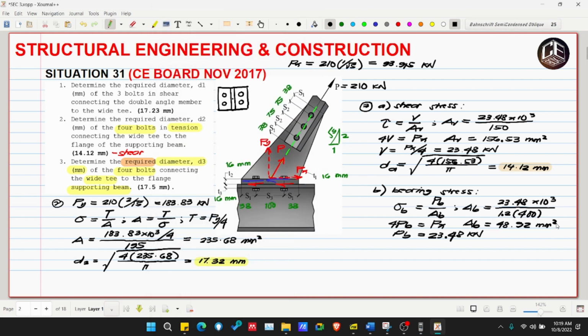millimeter square. So, sabi ko nga sa inyo, iba na ang bearing area sa ating shearing area. Kasi ang ating bearing area is equivalent to thickness multiplied by the diameter of the bolts. Okay? So, this is dB. Yan. dB.